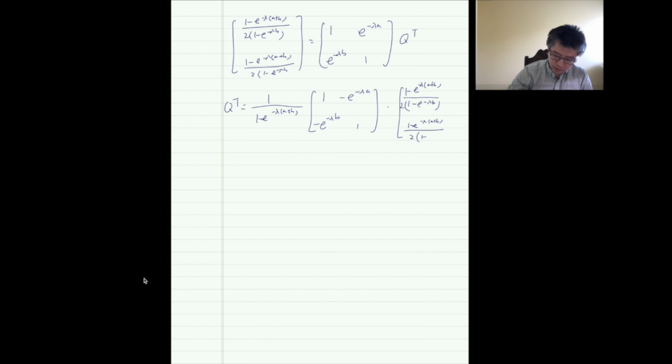Here should be a. Okay, very good. And now we can easily compute what value q is. We just compute it.